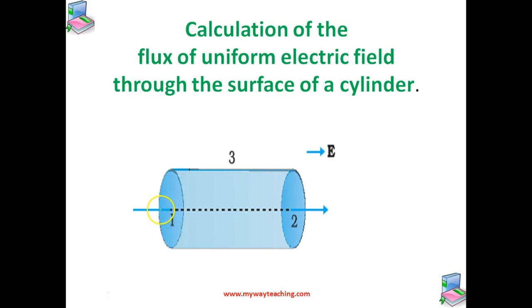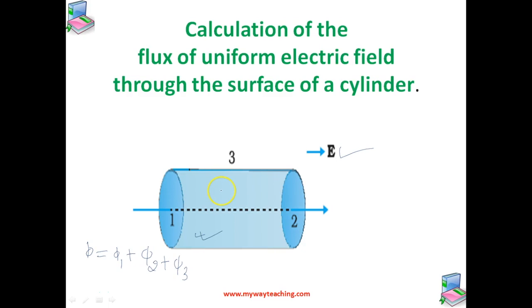In this figure, the electric field is uniform and we are considering a closed cylindrical surface with its axis parallel to the uniform electric field, isn't it? And the total flux phi through the surface is given by phi 1 plus phi 2 plus phi 3, where phi 1 and phi 2 represent flux through surfaces 1 and 2 of the cylinder, and phi 3 is the flux through the curved cylindrical part of the closed surface.